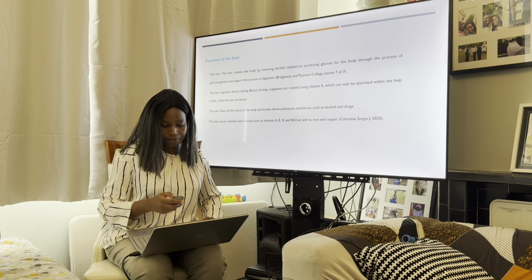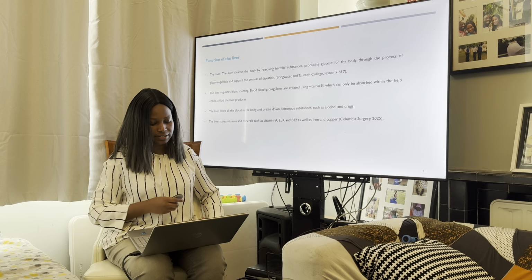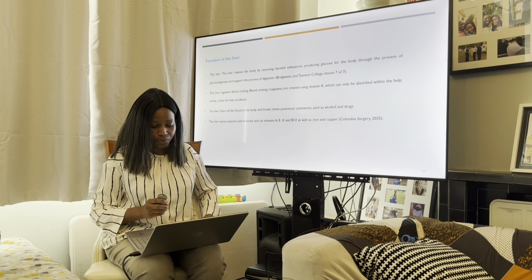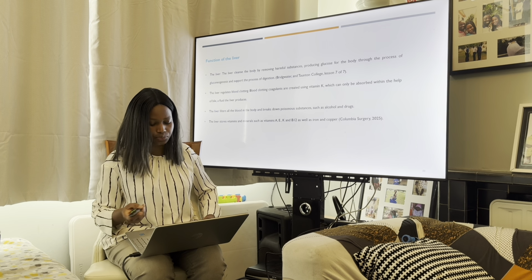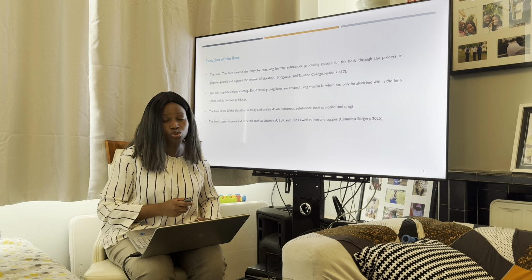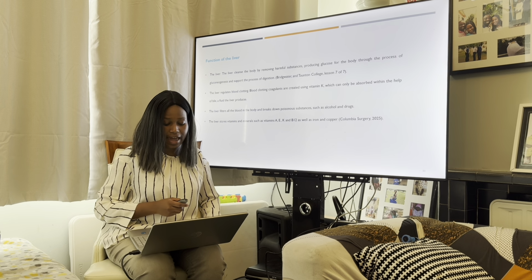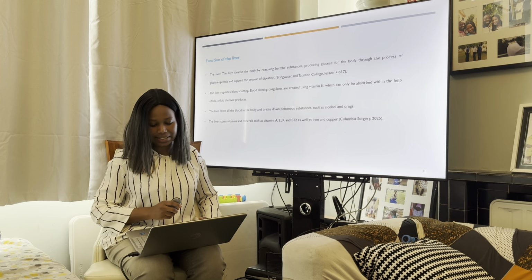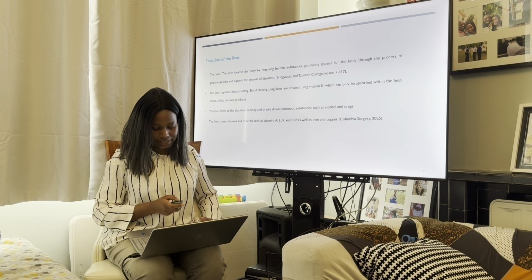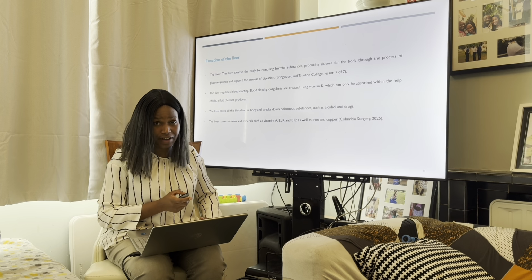The liver filters all the blood in the body and breaks down poisonous substances such as alcohol and drugs. The liver also stores vitamins and minerals such as vitamin A, E, K, and B12, as well as iron and copper. And this is cited from the Columbia Surgery 2025.